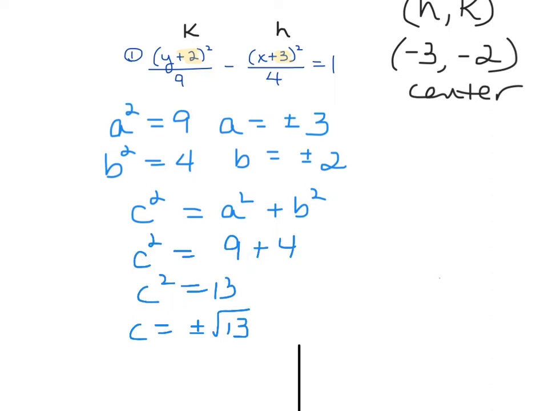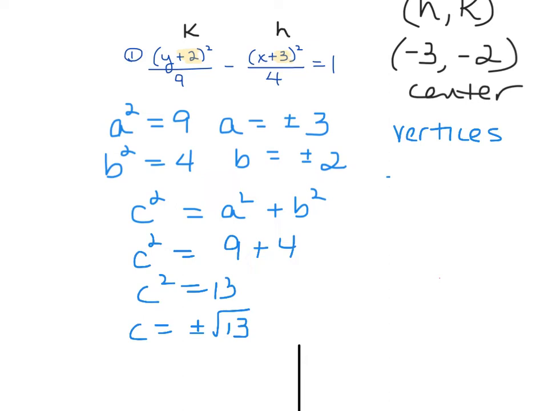Now, before it was easy because we were adding that A value to a 0. So to find the vertices, I'm going to add the A value to my center, and the number in the center point, I'm adding it to the Y because the Y occurs first.